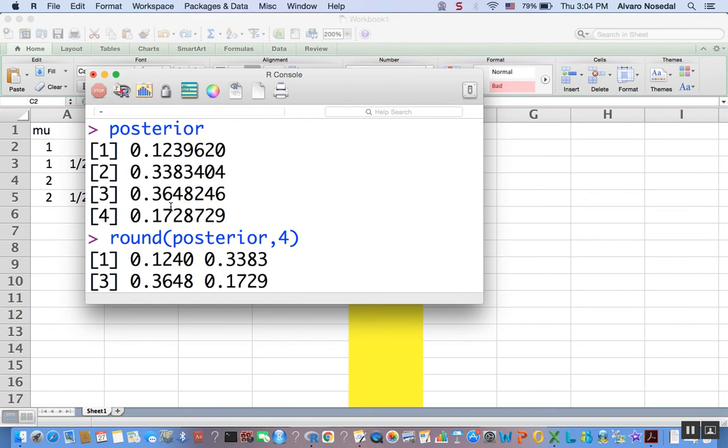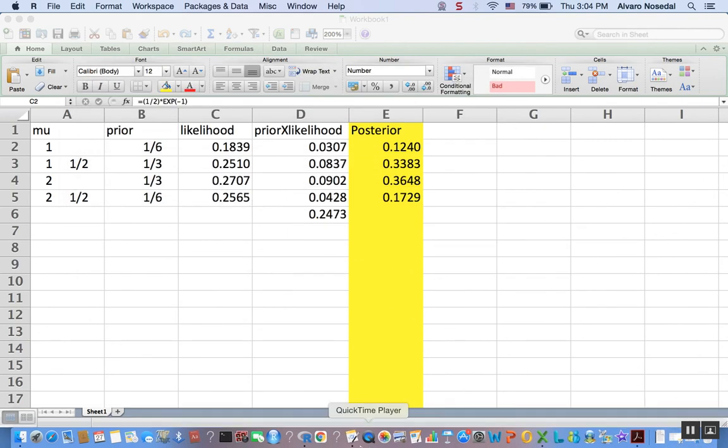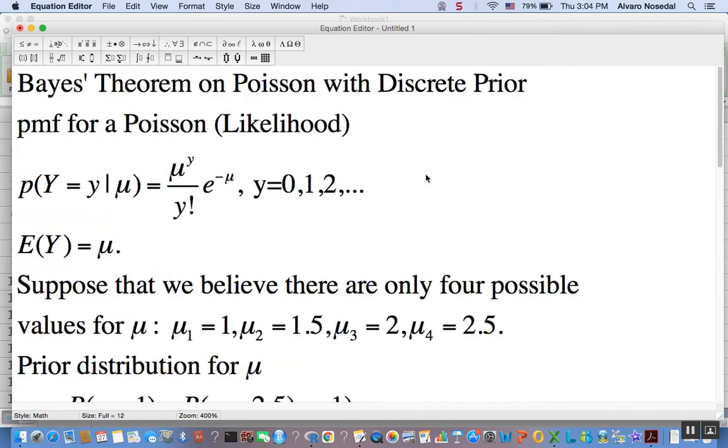So, let's quickly summarize what we did in this video. The idea was analyzing the parameter of a Poisson using a Bayesian perspective. What we know is that the likelihood and the prior are the two main ingredients to carry out this analysis in a Bayesian manner.